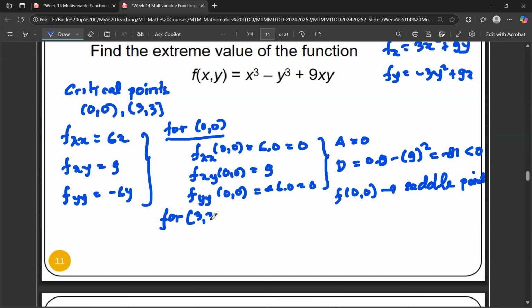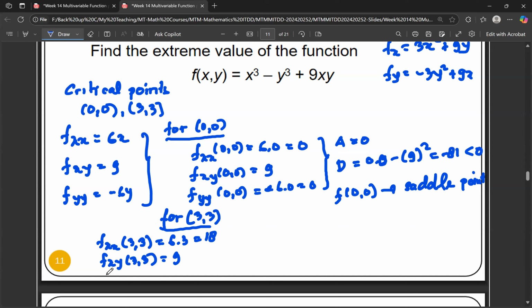And for (3, 3), we have that f_xx(3, 3) is 9 times 3, which is 18. f_xy(3, 3), we have still 9 because they are independent.